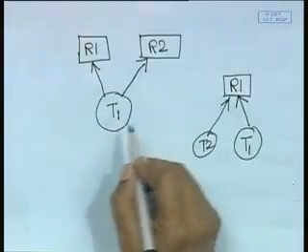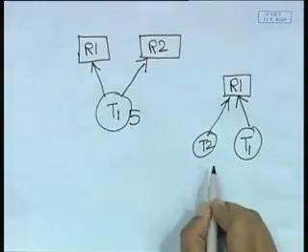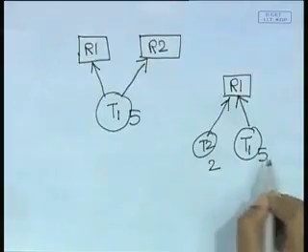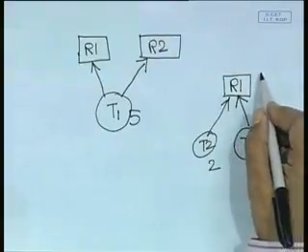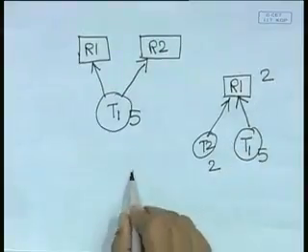T1's priority let us say is 5 and T2's priority let us say is 2. So, the ceiling priority of R1 will become 2, is it not.